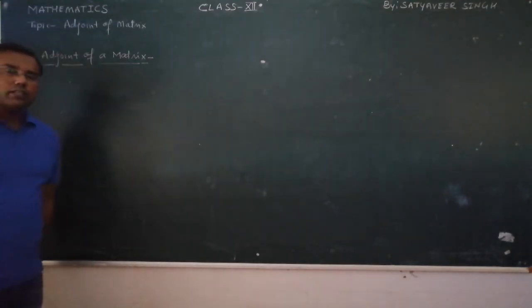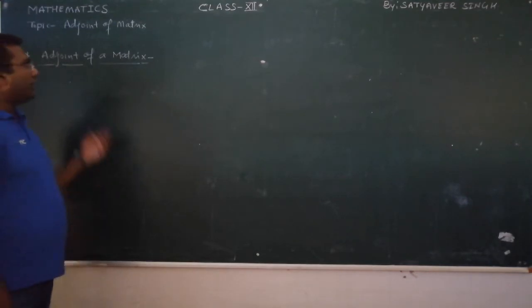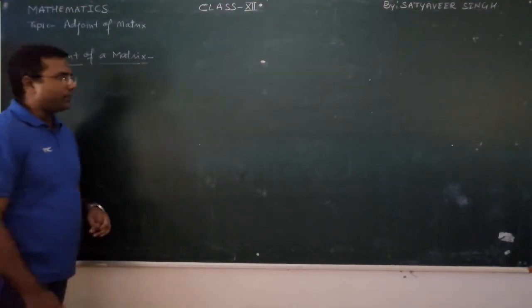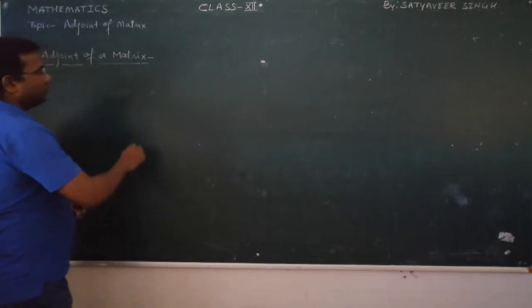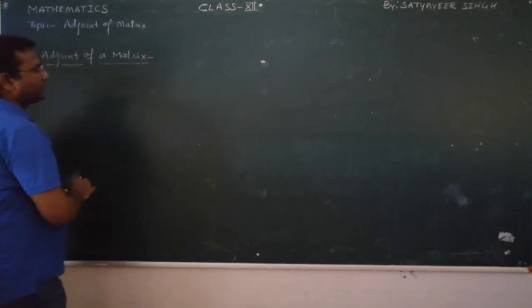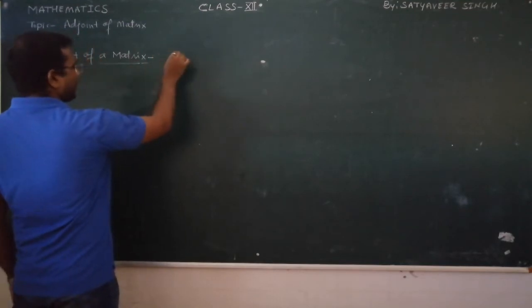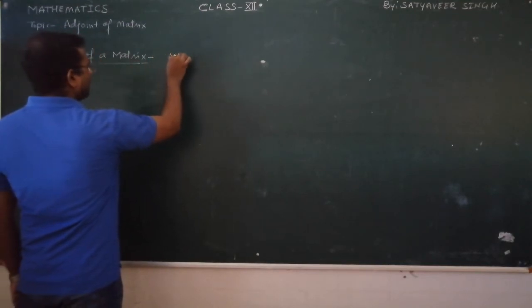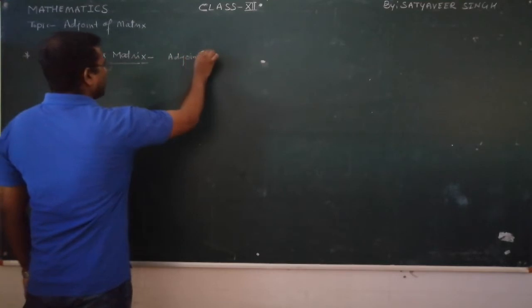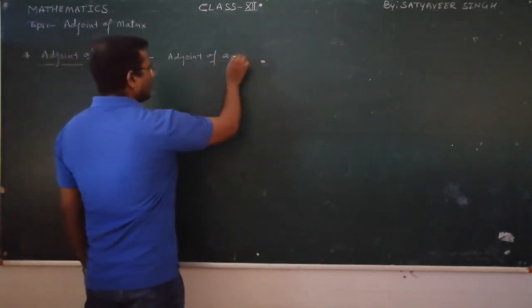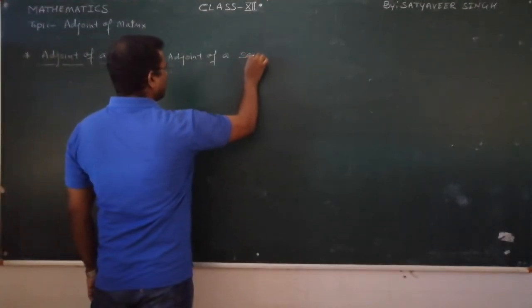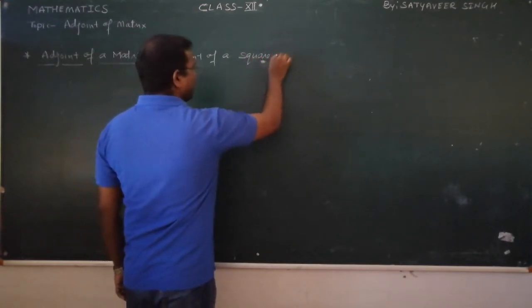Student, in today's class I'll discuss with you the adjoint of a matrix of order n. We can find the adjoint of a matrix if it is a square matrix. So what is the adjoint? I'm writing here: adjoint of a square matrix.